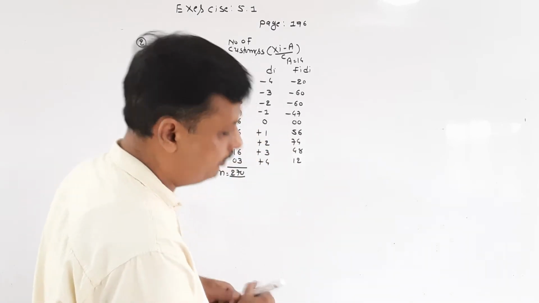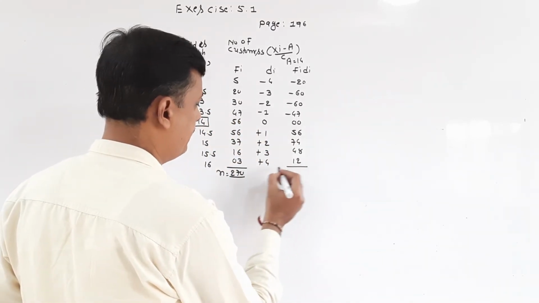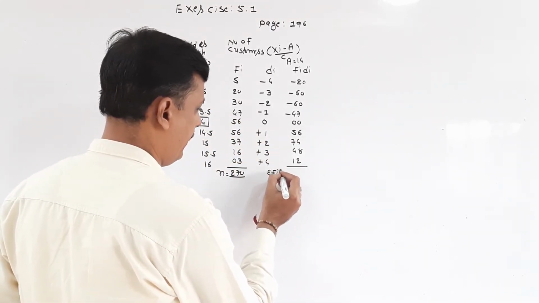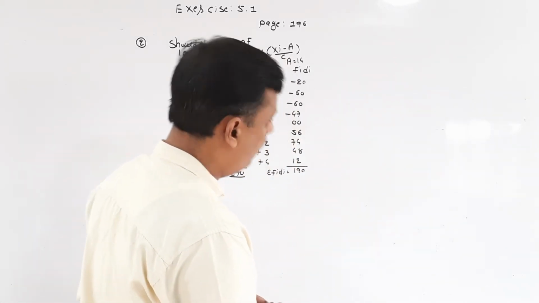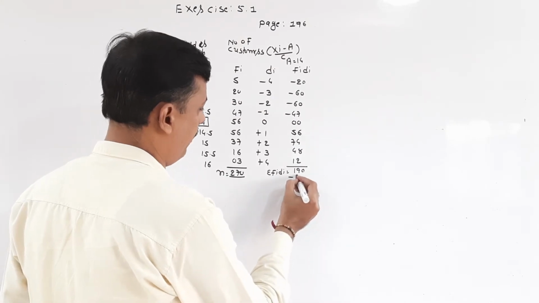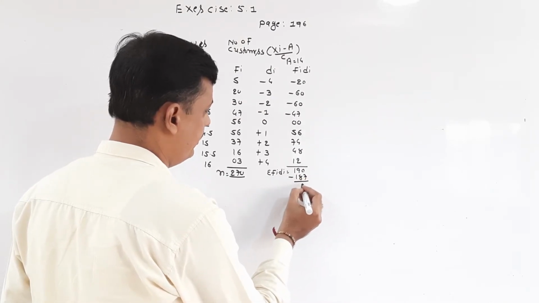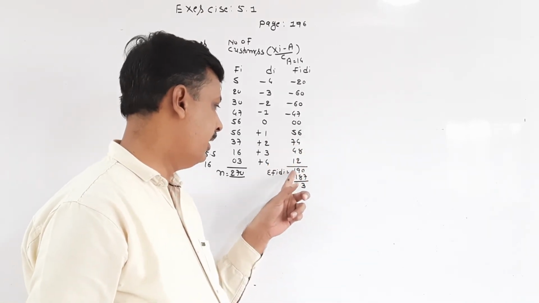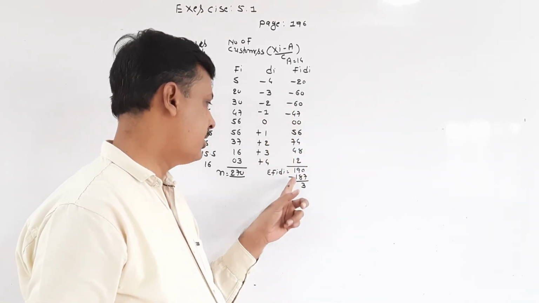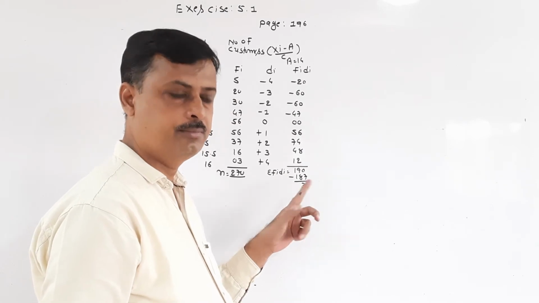Now total: the plus total is 190 and the minus total is 187, so sigma fidi is 3.